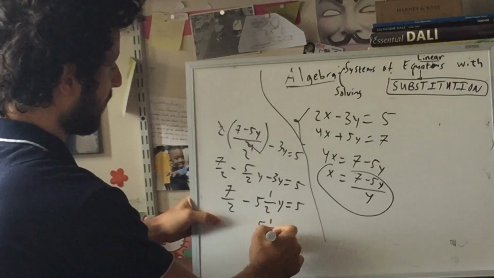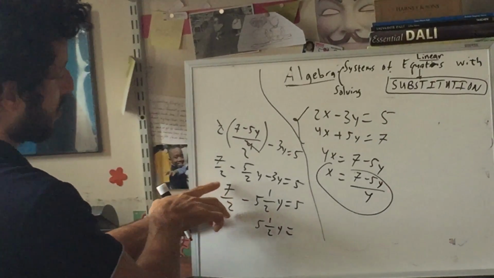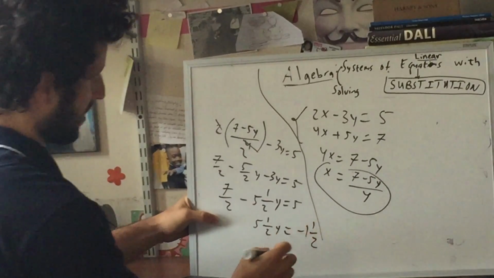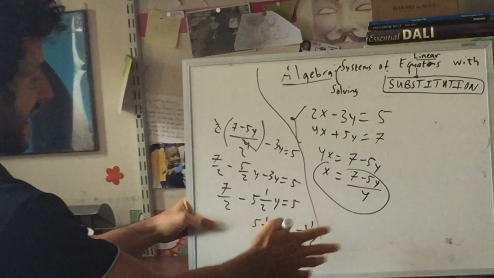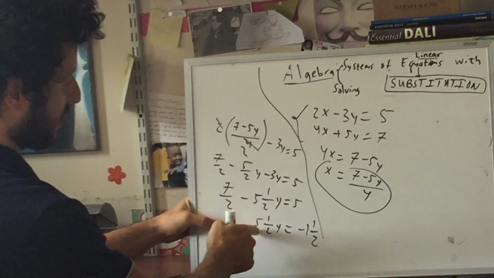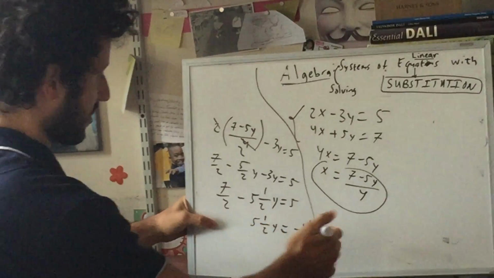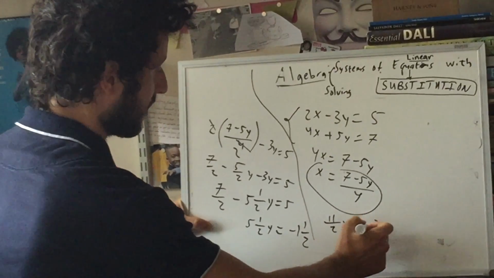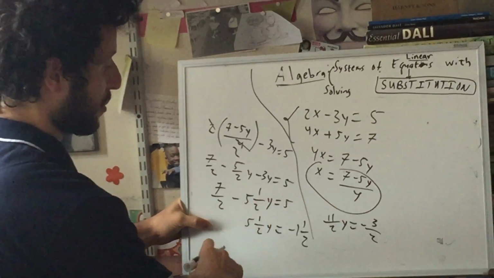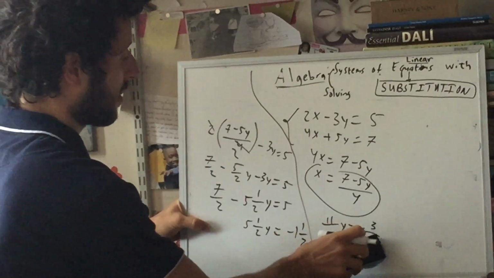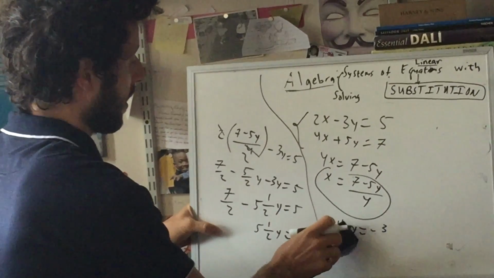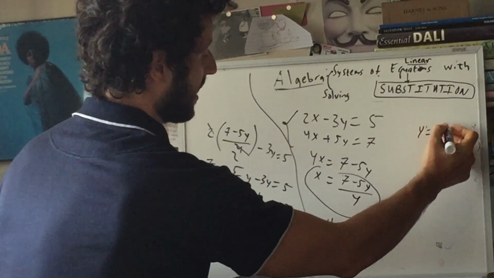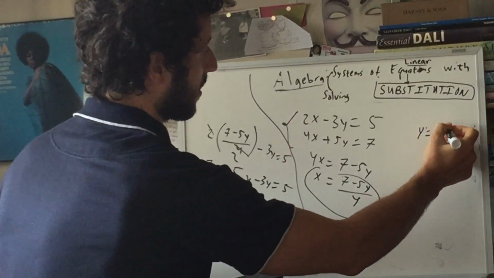So 5.5y equals, what's 3.5 minus 5? That's negative 1.5. Now all of these halves are driving us nuts, so let's convert these to improper fractions. That's going to be 11 over 2y equals negative 3 over 2. We can multiply through by 2, so the 2's are gone, and we have 11y is negative 3, so y is negative 3/11.